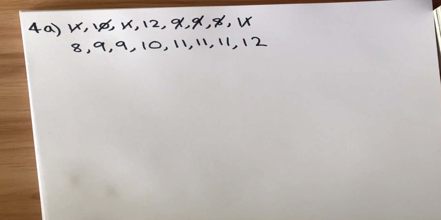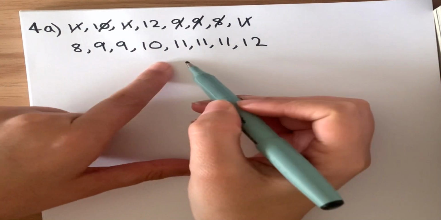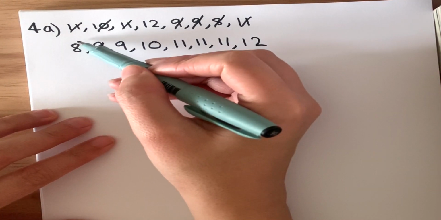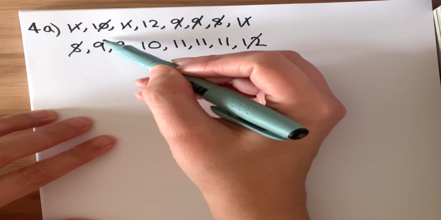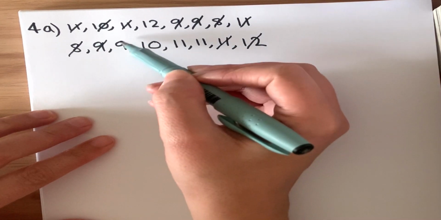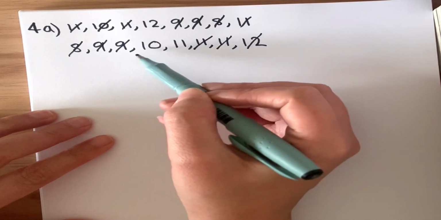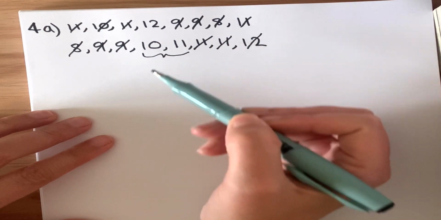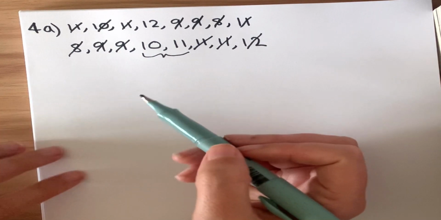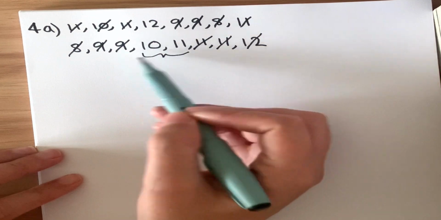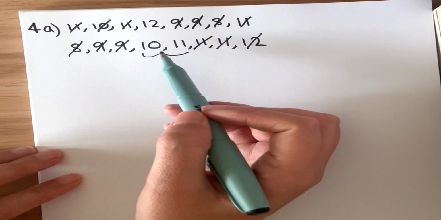So now we can find the median quite easily. All we need to do is find the middle. The median is the middle. So we cross off the first and the last, cross off the second and the second last, the third and the third last. Now we've got two scores in the middle here. So in order to find the median, we just need to find the mean of these two scores, or the average of these two scores.